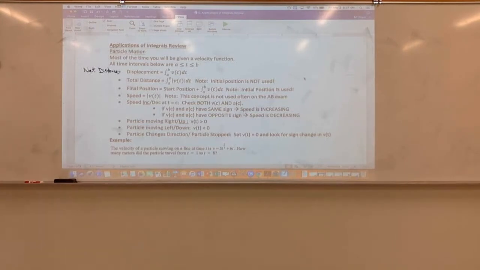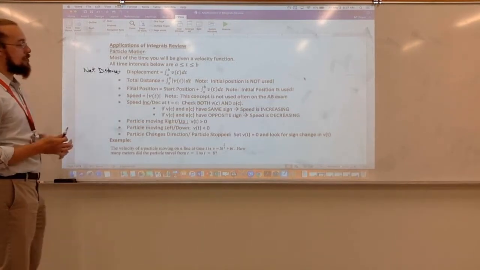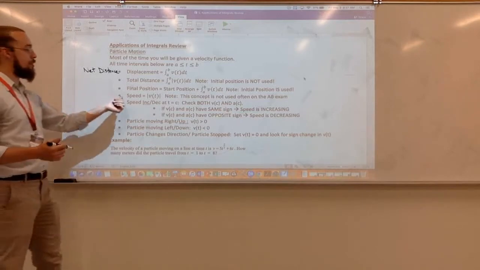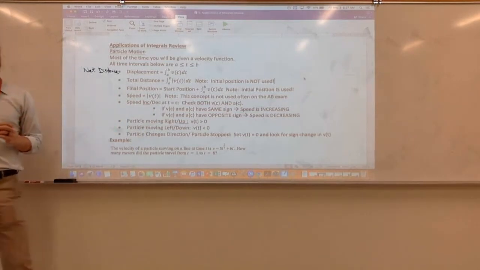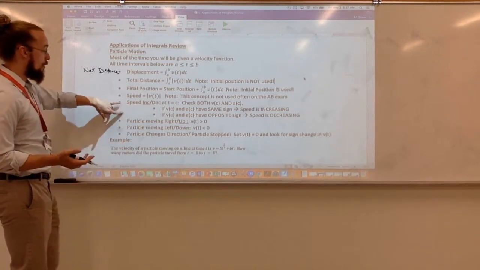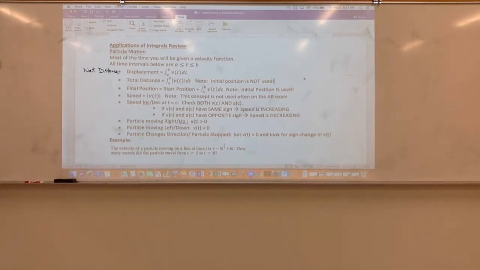Speed is not something that's on the test a lot by itself, but we do need to understand that speed is just the absolute value of velocity. Velocity is speed with a direction. Speed is directionless velocity. Now, this idea, whether speed is increasing or decreasing, does show up fairly often on the AP test.